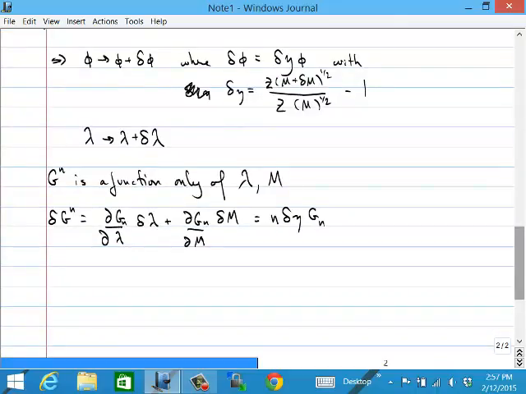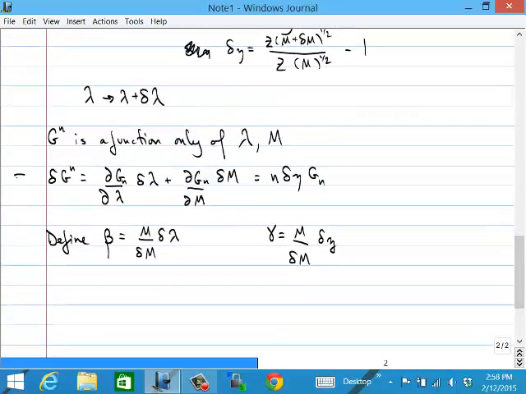Or if we want to rewrite this equation a little bit, we can just define a parameter beta. So we can divide that whole equation by delta m and multiply by m, and define a parameter beta, which is m over delta m times delta lambda, and a parameter gamma, which is m over delta m times delta eta.